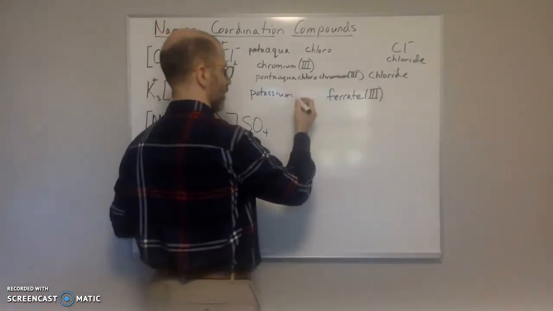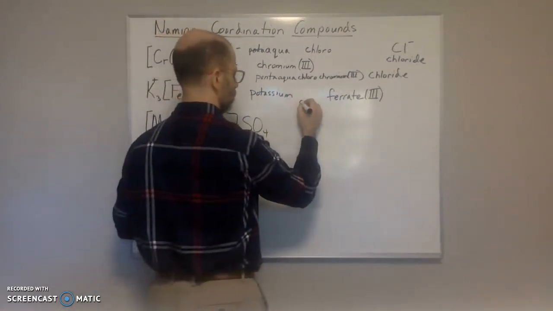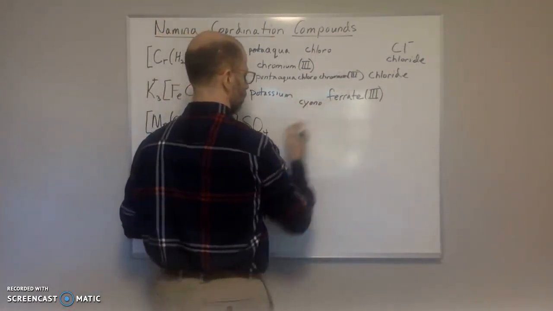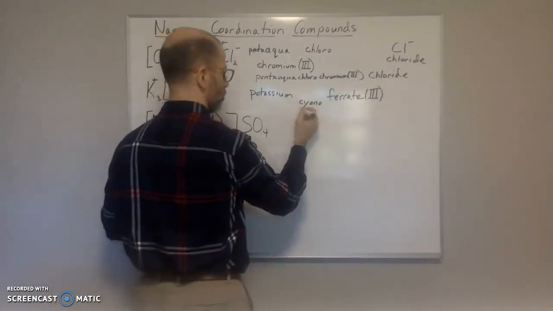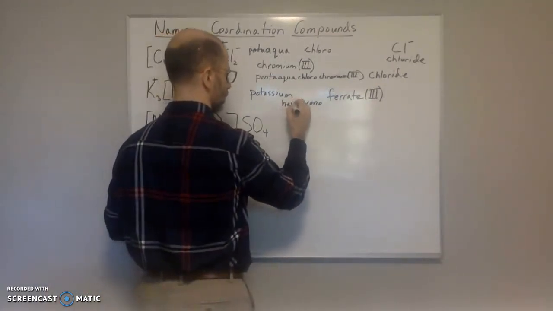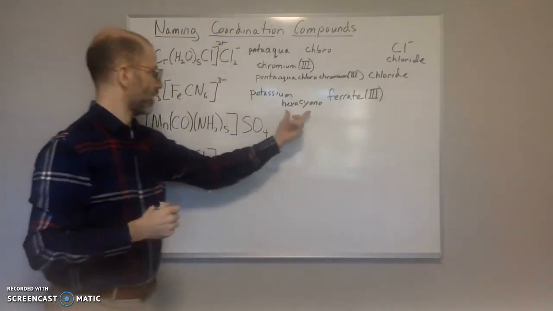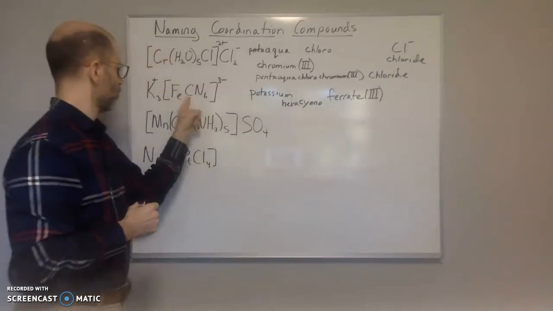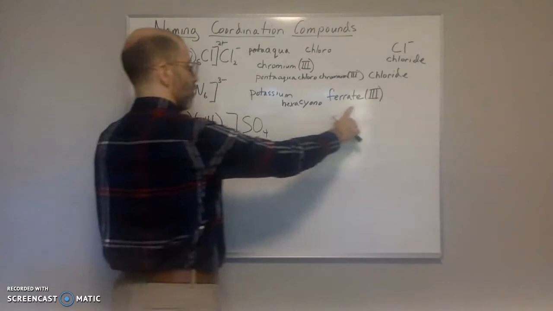So cyano is the root for CN. And we have 6, so we're going to put hexa in front of there. Okay, so we got the hexacyano for the 6 CN, and we have the ferrate(III) for the iron.